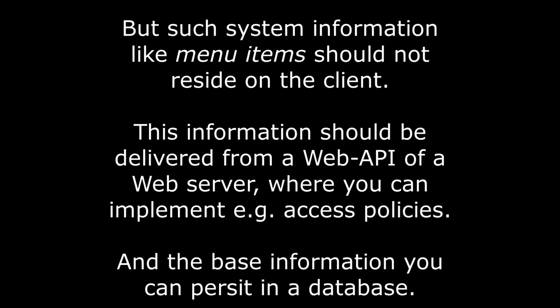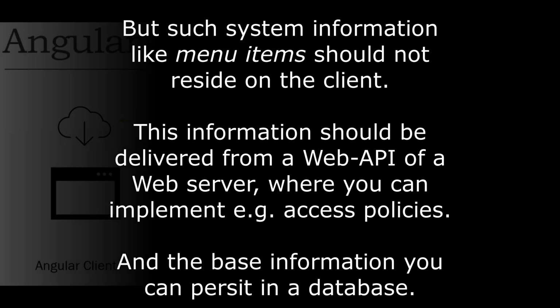But such system information like menu items should not reside on the client. This information should be delivered from a web API of a web server, where you can implement, for example, access policies. And the base information you can persist in a database.